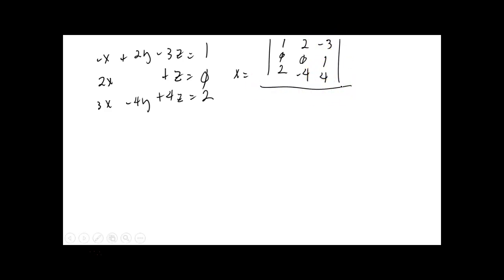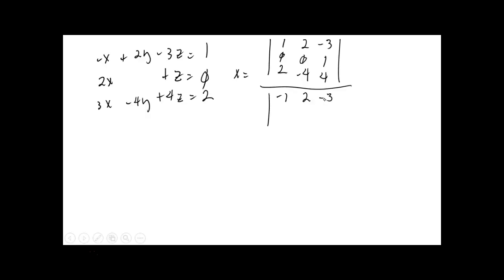Divided by the denominator, which is your coefficient matrix, and this is your minus 1, 2, negative 3, 2, 0, 1, and 3, negative 4, 4.